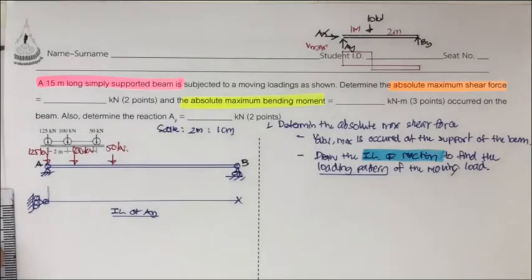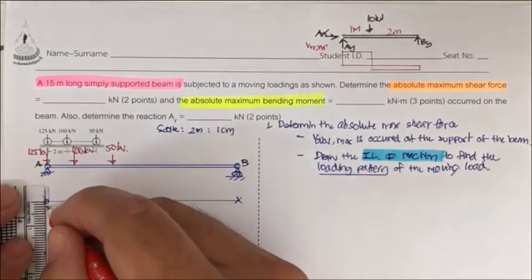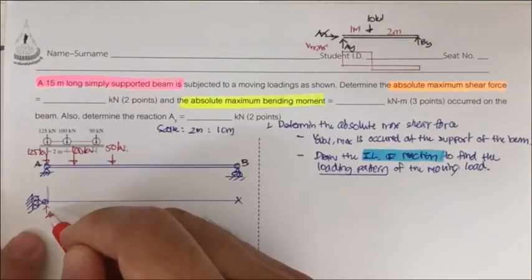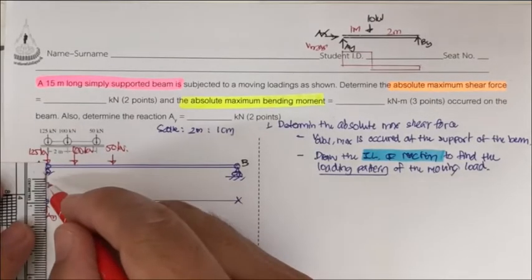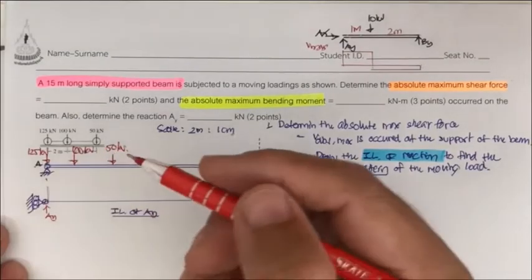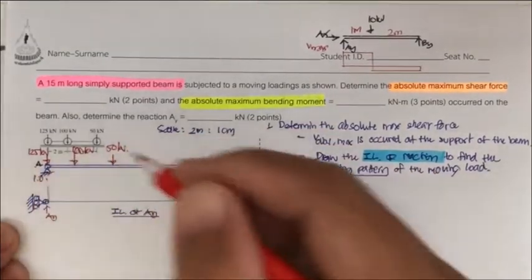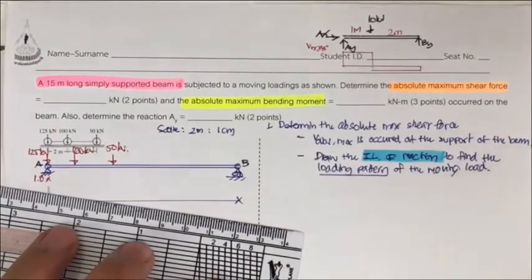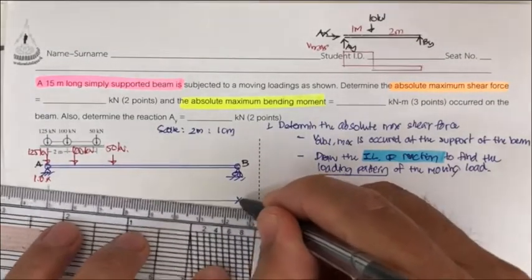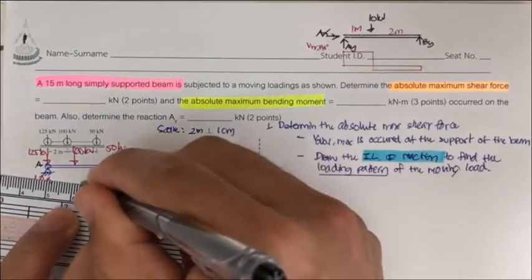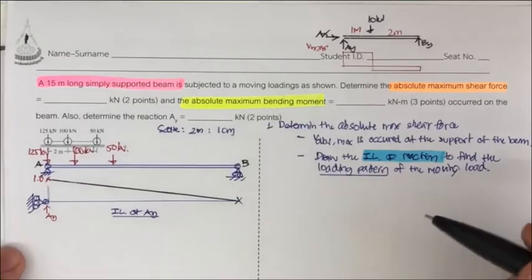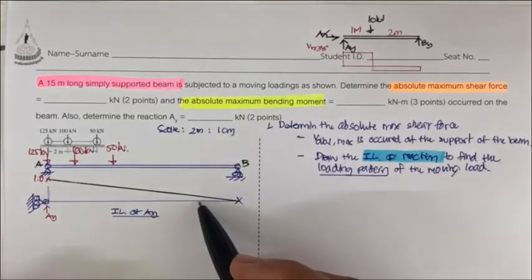Then you release the resistance of A sub y, and put A sub y to move this one up for 1.0 unit. Then it's going to be here 1 centimeter, and the shape of this rigid beam is going to be in the form like this, and this is going to be the shape of the influence line of A sub y also.